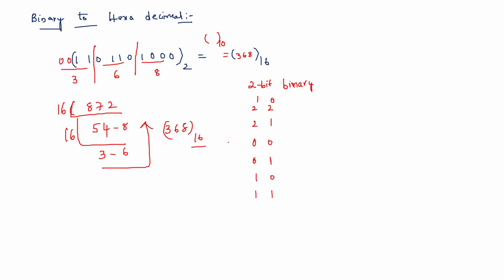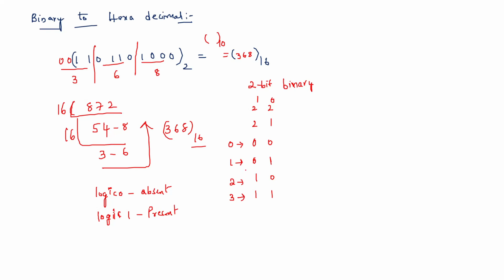How am I writing it here? This is 0, then this is for 1, this is for 2, and this is for 3. Just what numbers do I want to get? For 0, both 1 and 2 will be absent. Logic 0 means that particular number is absent. Logic 1 means that number is present here.